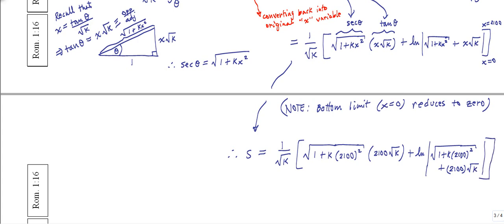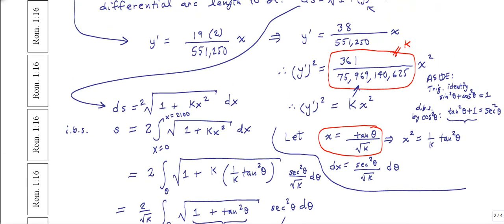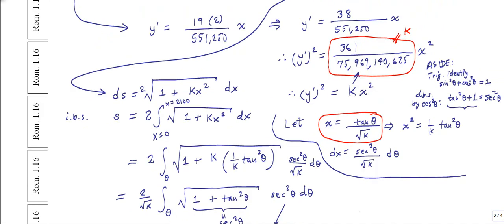And I won't take the time to do this with a calculator. You can get your calculator out and put it all in, where once again k, let's not forget what k was. K was this value right here. Okay, so it's that 361 over 75,969,140,625.